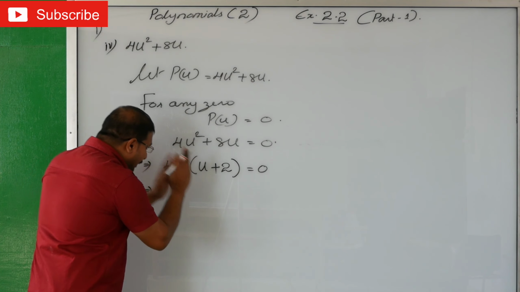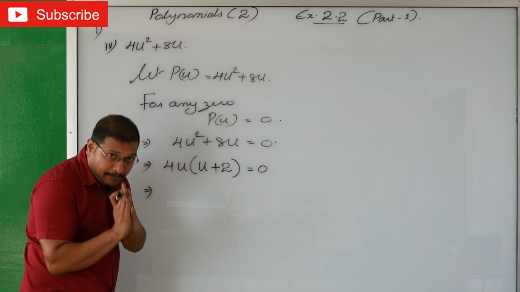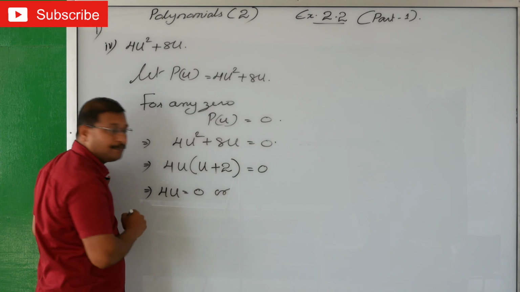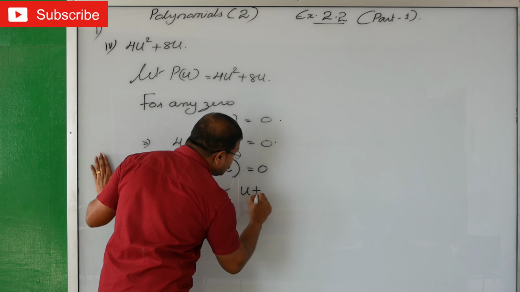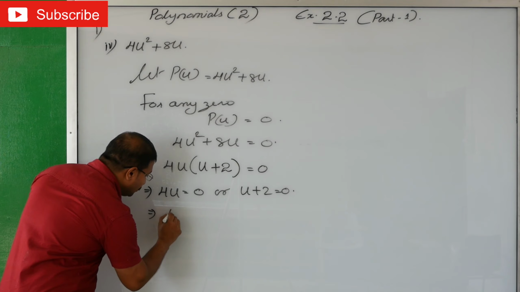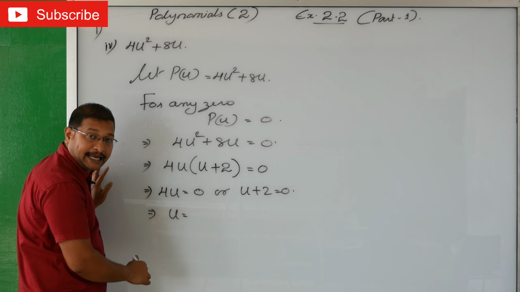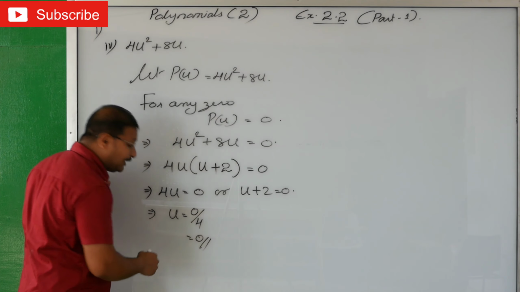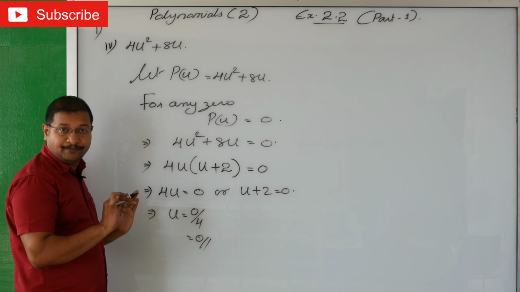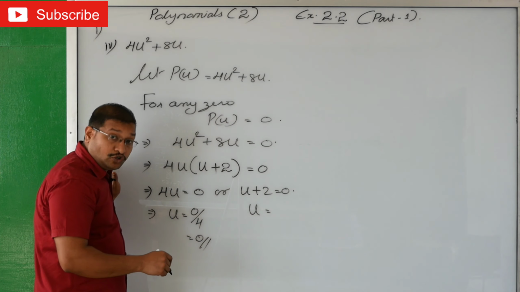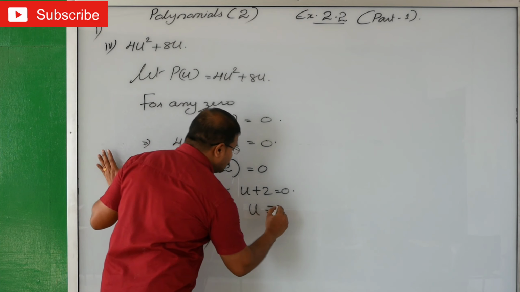This implies 4u into u plus 2 equal to 0. That means 4u equal to 0 or u plus 2 equal to 0. Ready? This implies u equals, 4 goes to the next side, divide, 0 by 4 equal to 0. So we got it: one of the zeros is 0, and the other one, u equals plus 2 goes to the next side, minus 2.